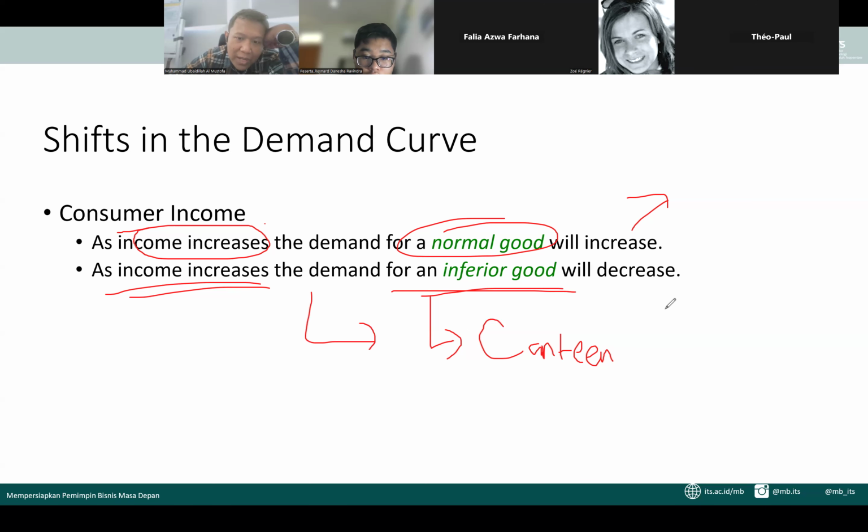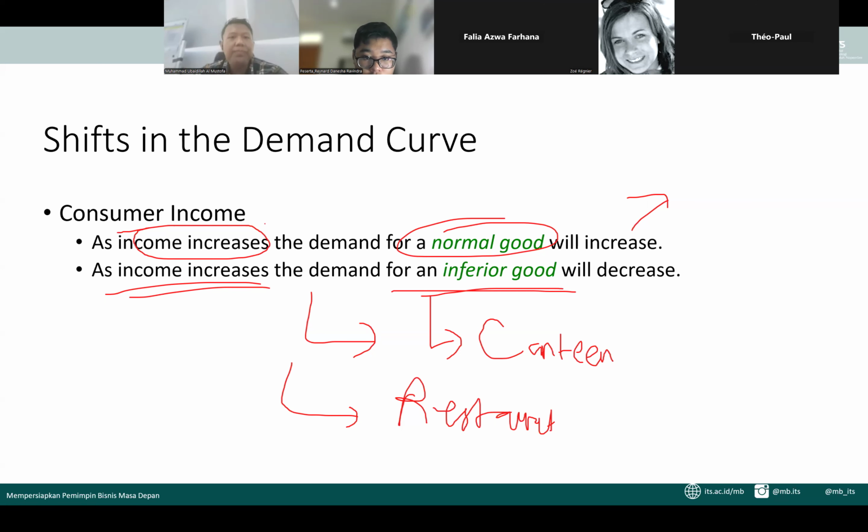Before, you used to go to the canteen, now you will go to a very good restaurant, maybe outside ITS. Because now you have more income, you want to buy better food. So you'll go to a big, very expensive restaurant, and you will not go to the canteen anymore, because somebody may think that the canteen sells inferior food, for example. So when we have a lot of money, we will go to the restaurant, maybe outside ITS.